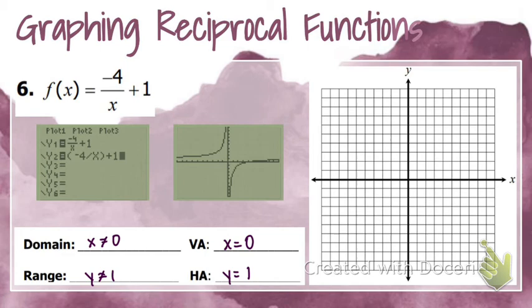So then we will graph our asymptotes. So we start with x equals 0, and then we have y equals 1. And then we go in with our graph, and we draw this in. And something that I want you to notice is that even though a is greater than 1, it's actually a 4.